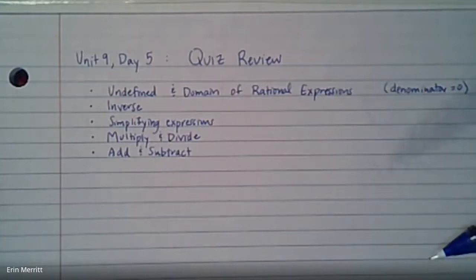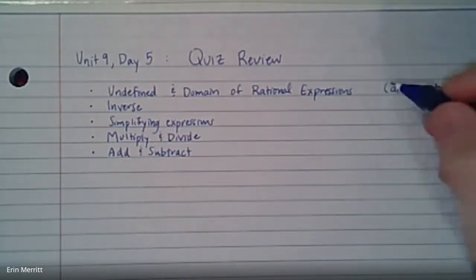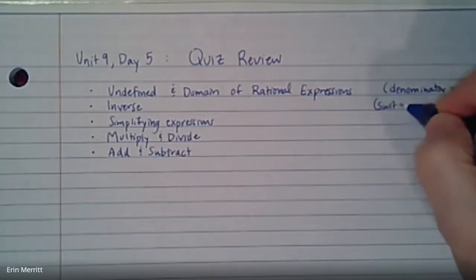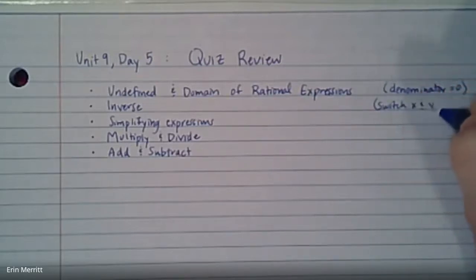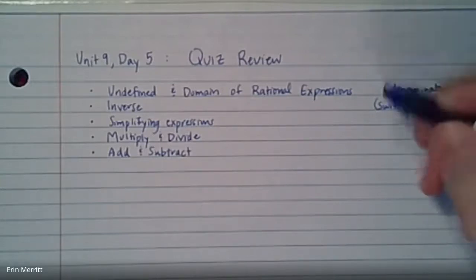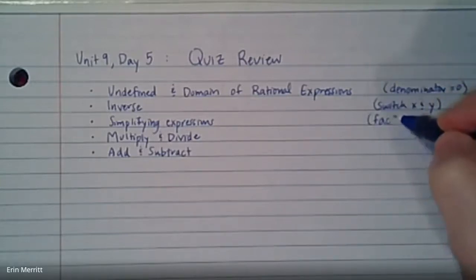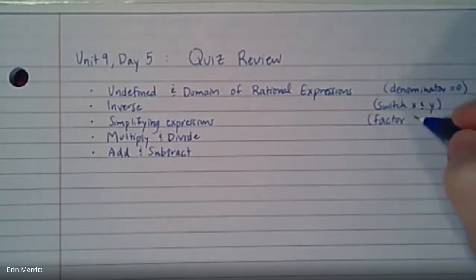When we talk about inverse, inverse means you're switching the x and y and then resolving for y. To simplify the expressions, the key here is to factor first, right? And then cancel out any common factors. For multiplying and dividing, same thing. You need to factor, treat it as one fraction.